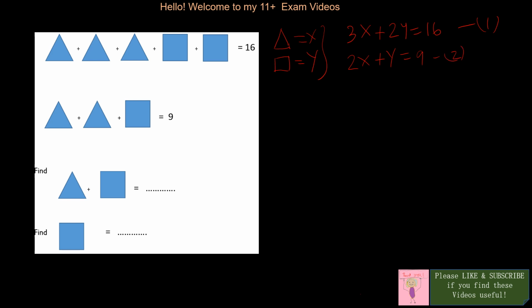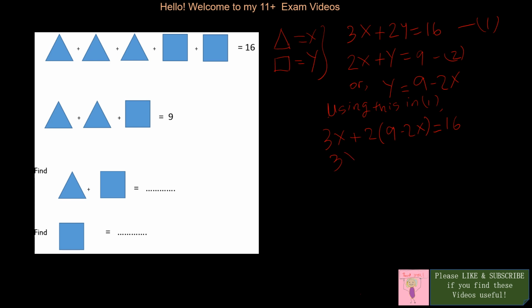So we get y equals 9 minus 2x. Okay, so using this in 1, what will we get? 3x plus 2 times (9 minus 2x) equals 16.